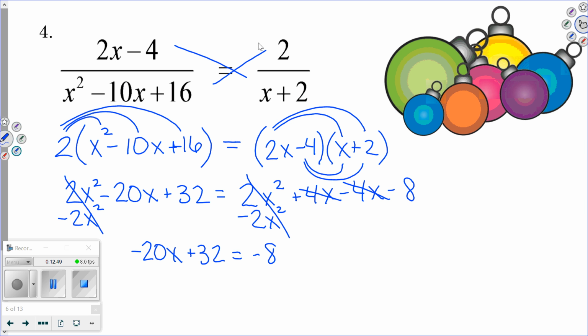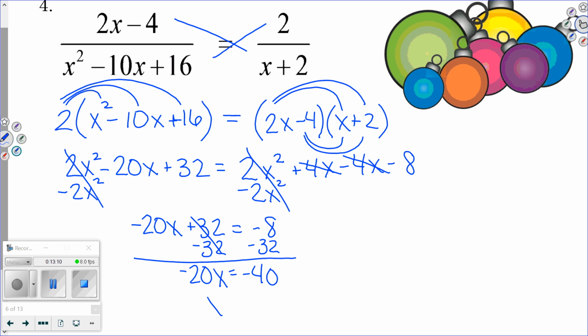So from there, do I set it equal to 0? No. I'm going to subtract the 32. I'm trying to get x by itself, right? So negative 20x equals negative 40. So what does x equal? Gotta get x equals 2.